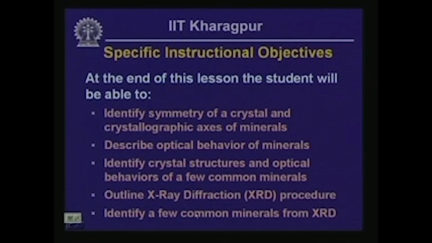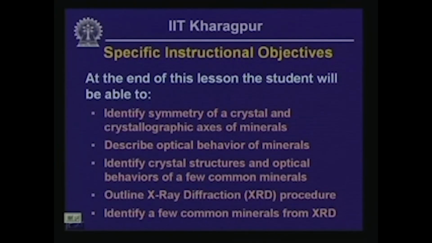Now with that said, let us get back to the core topic of this presentation. What are the objectives of this particular lesson? In this lesson we will try to understand the different types of crystals, symmetry issues of crystals, and crystallographic axes.